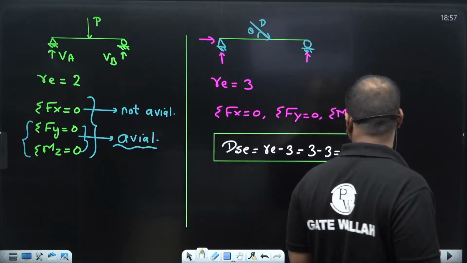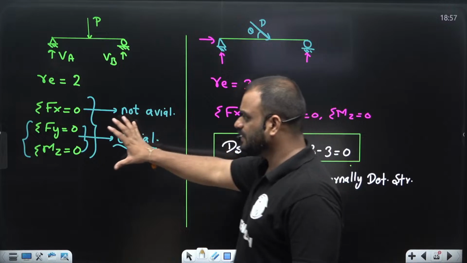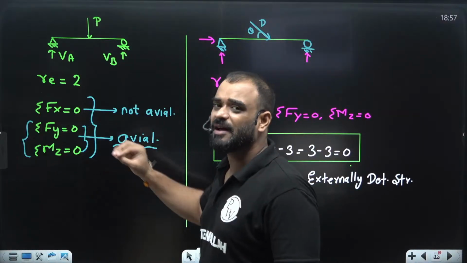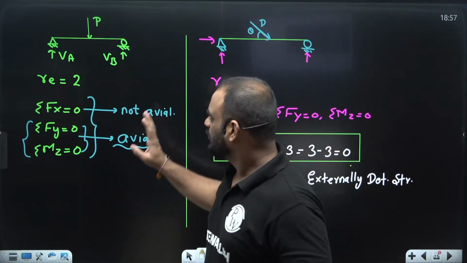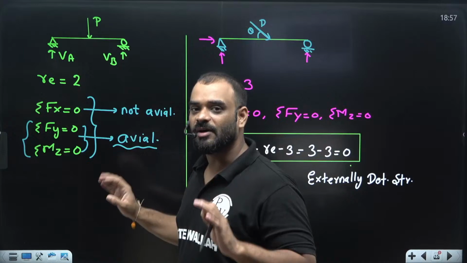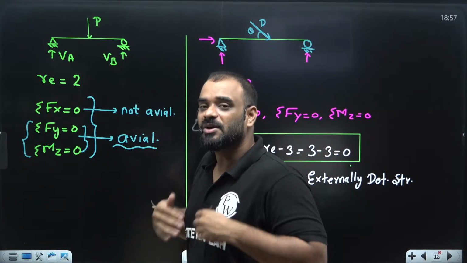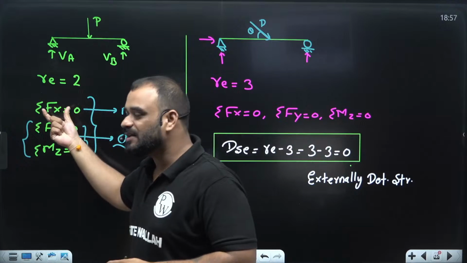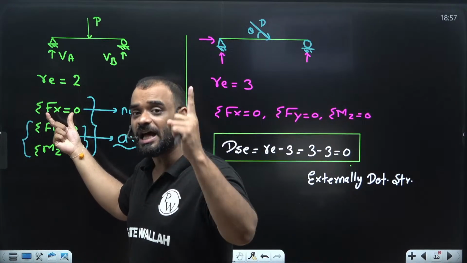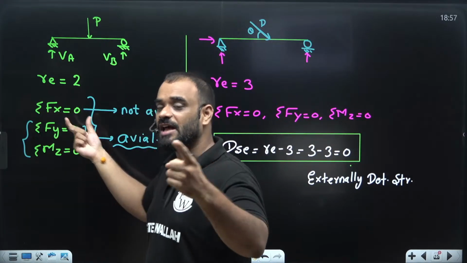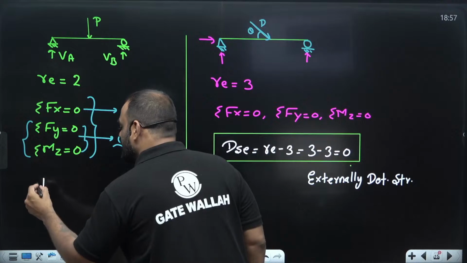Okay, sir. Now in this particular case, can I write RE minus 3? No, guys. We are not able to write the formula as RE minus 3 in this condition. Why? Because summation fx = 0 is not available. If it is not available, our formula gets changed.